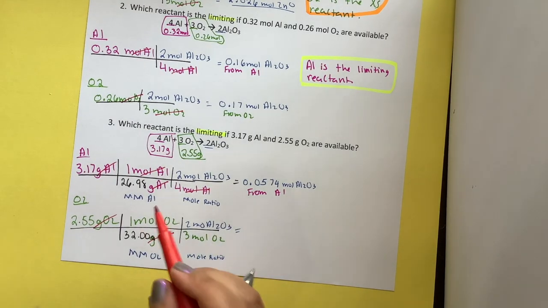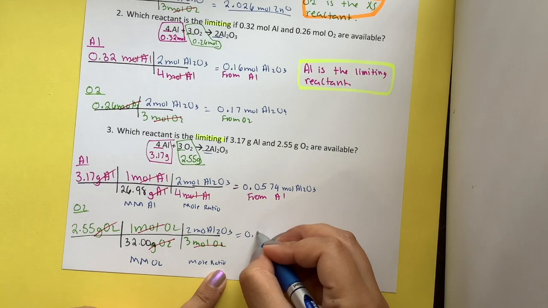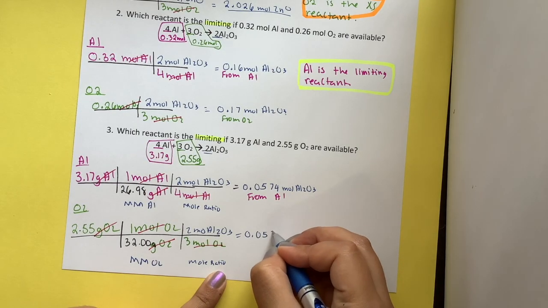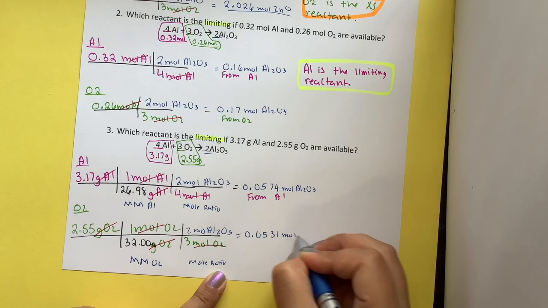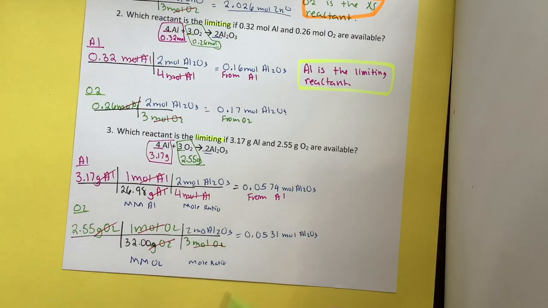Like this, the moles of oxygen get canceled out. So now I'm going to get my calculator, do 2.55 divided by 32 times 2 divided by 3, and it gives me 0.0531 moles of Al2O3, and this came from oxygen.